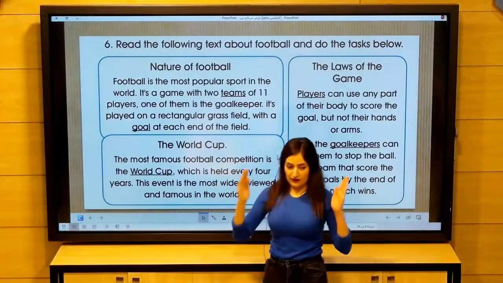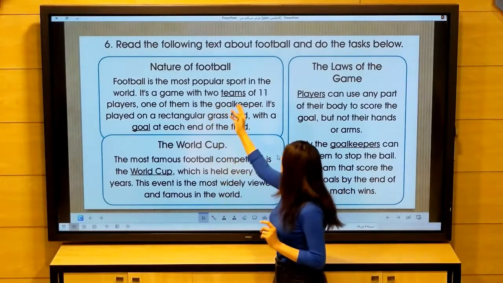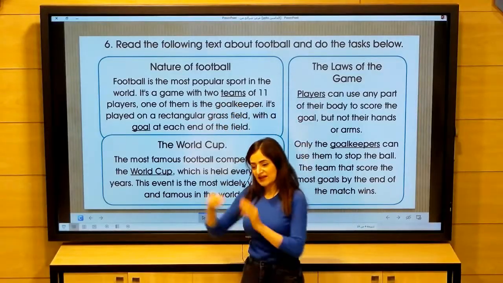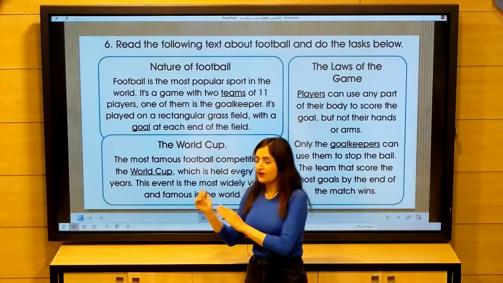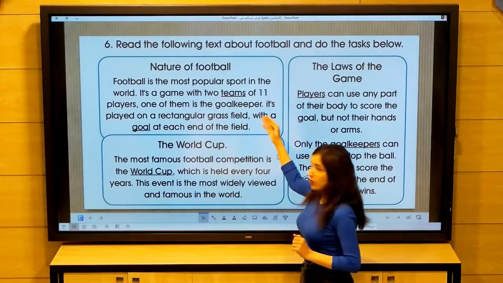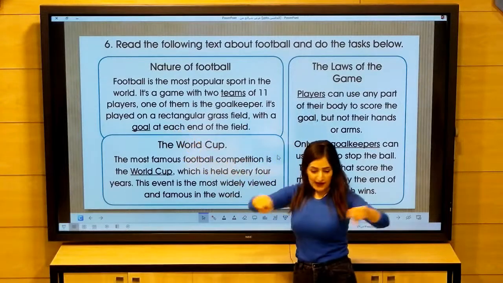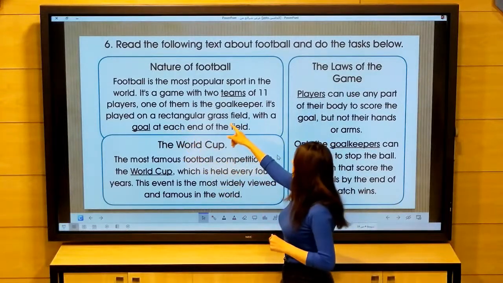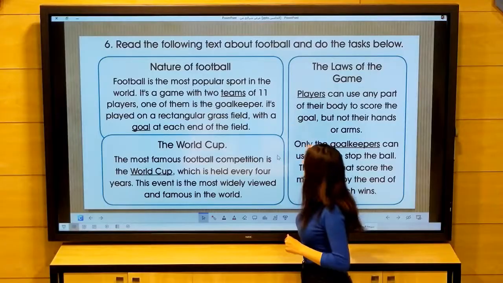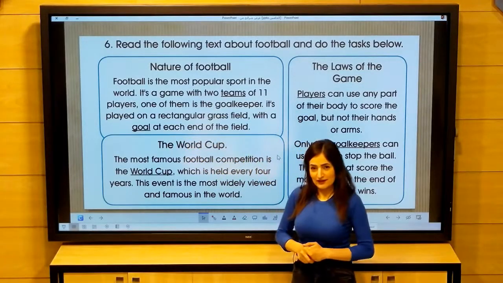The rule of playing football is 2 teams of 11 players. Each team has 11 players. One of them is the goalkeeper. It's played on a rectangular grass field with a goal at each end of the field.